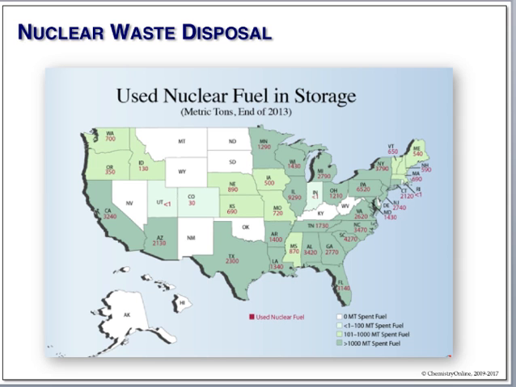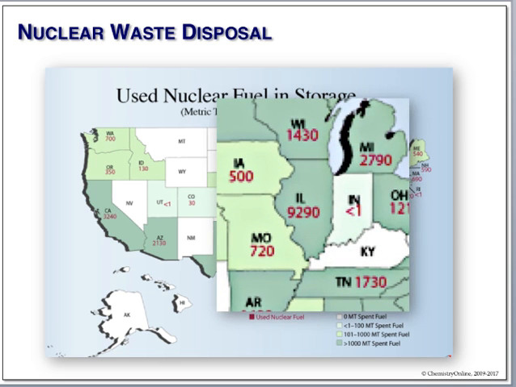Texas has 2,300 metric tons. Who's the winner here? 9,290 metric tons of used core sitting in swimming pools out in Morris. Wow.